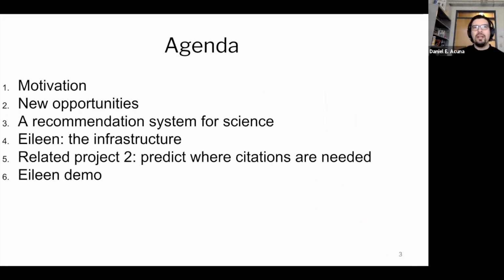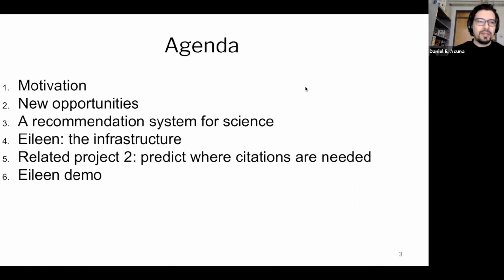Okay, so with that out of the way, I would like to start by sharing with you what is the agenda for today. First, I'll start with the motivation, and this project starts from something very personal because I needed something like this and it wasn't available. So this system helped me, helping myself.